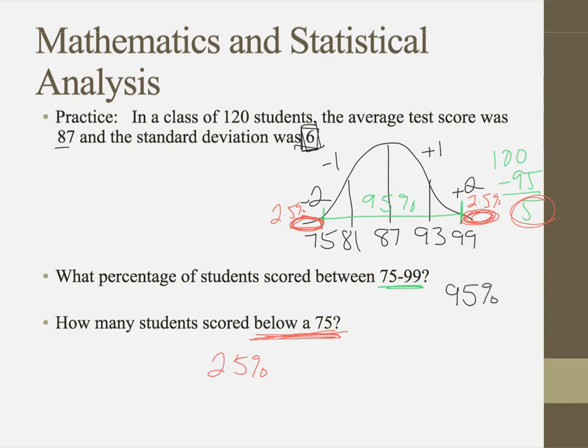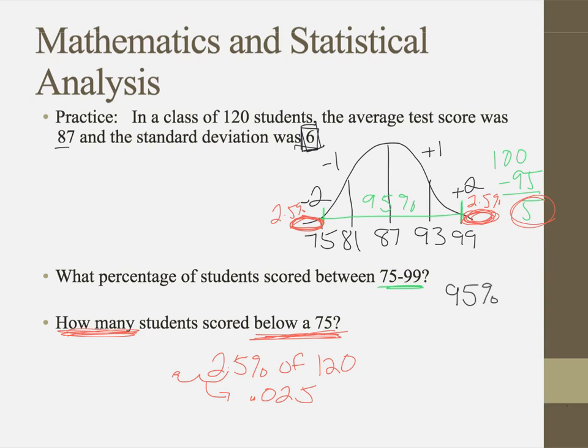But it's not asking me the percent, it's asking me how many. So I need to figure out what 2.5% of 120 is. Again, several ways you can do that. I tend to turn percentages into a decimal by moving the decimal over 2 spots. Okay, so that would give me 0.025.